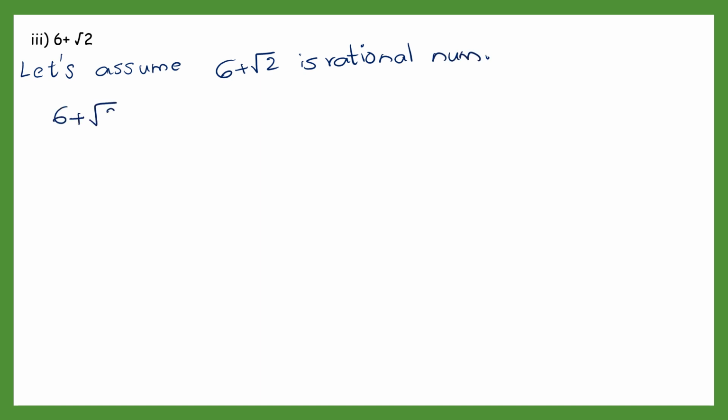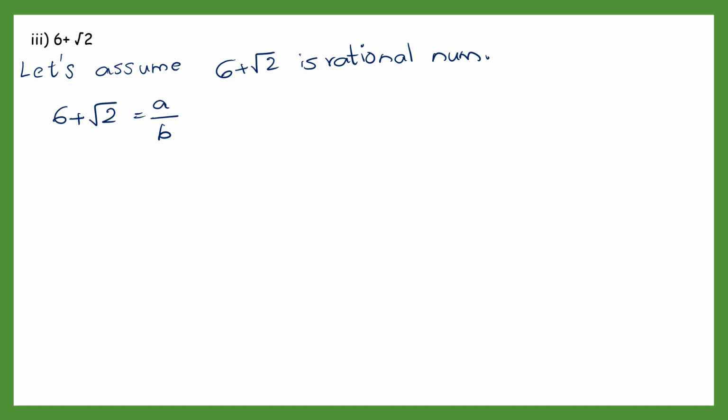Let's solve the next question. 6 plus root 2. We should prove 6 plus root 2 is irrational. Let's assume 6 plus root 2 is a rational number. If a number is a rational number, it can be expressed in the form of a by b, where a and b are integers, b not equal to 0.